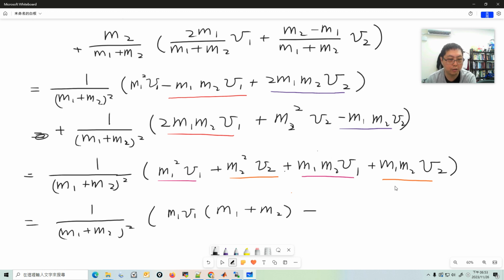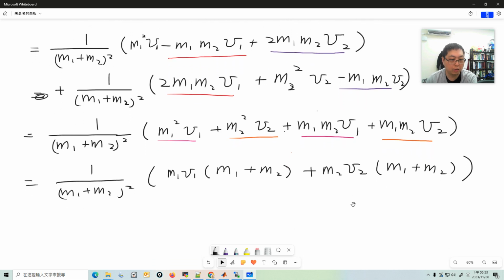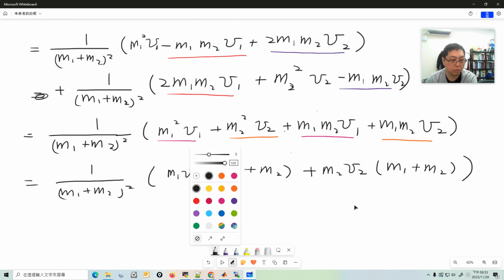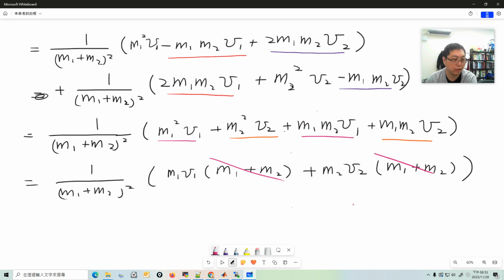When we group these two orange terms, we can put m2 v2 out, times m1 plus m2. Finally, we can factor this out, this cancels and this cancels. The conclusion is m1 v1 plus m2 v2 over m1 plus m2, and don't forget, this is our V_COM prime.